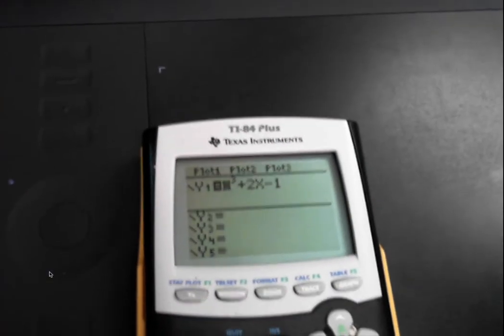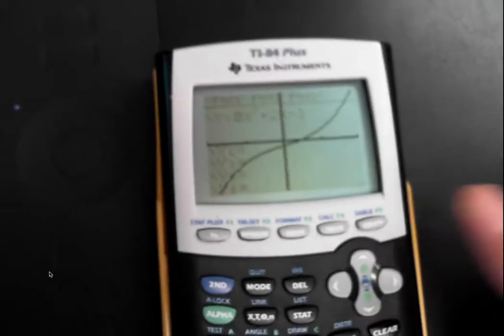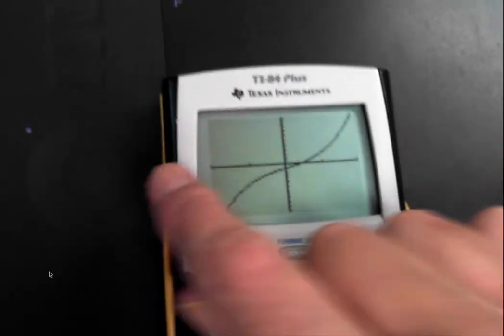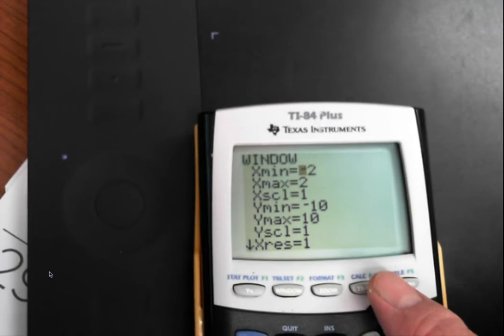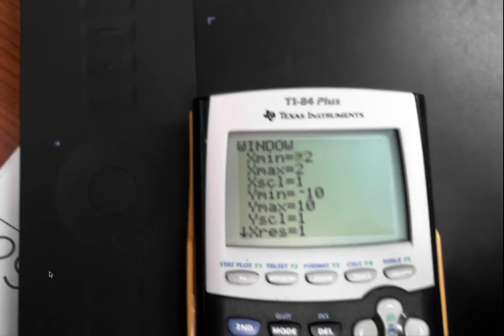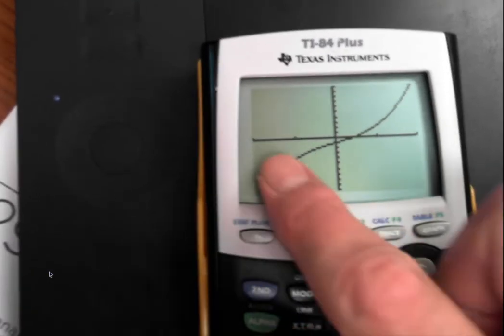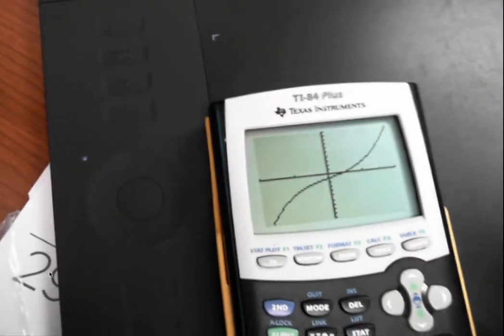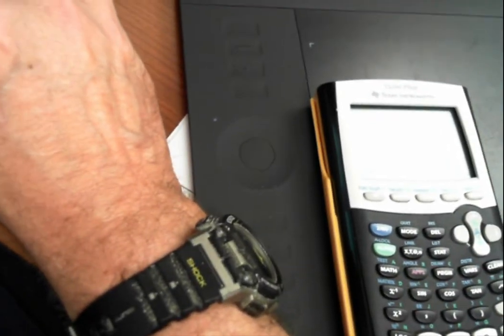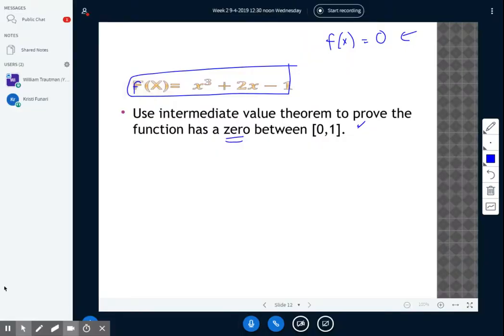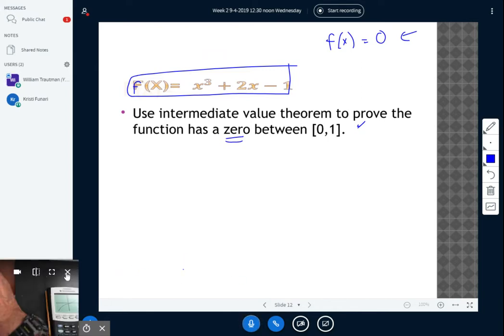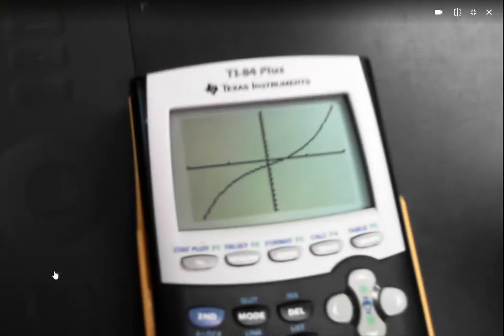So I look at my function, x to the third plus 2x minus 1, and I graph it. I set my window where the x's are -2 to 2 and the y values are -10 to 10. So when I graph it, don't forget the domain of this example says between 0 and 1. Do you see the domain said between 0 and 1.